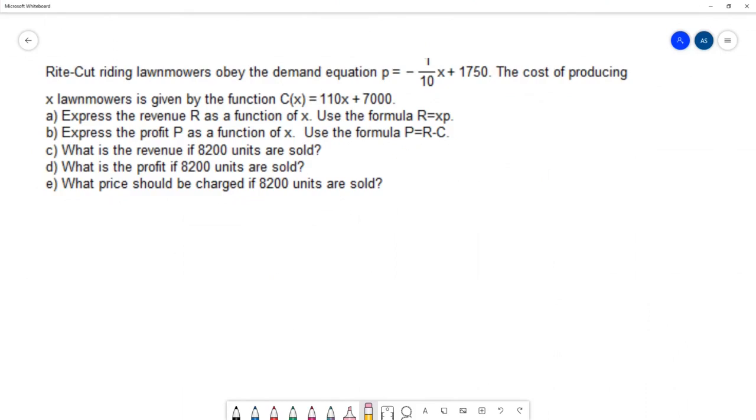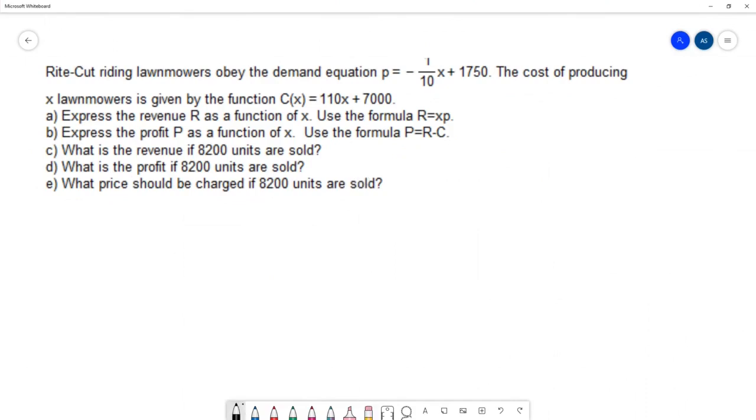And then we have a few questions. What is the revenue if 8,200 units are sold? What is the profit if 8,200 units are sold? And what price should be charged if 8,200 units are sold?